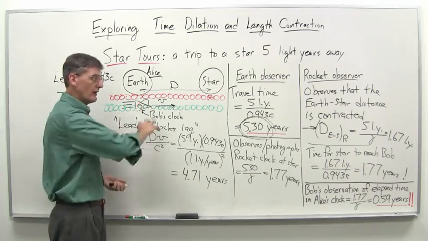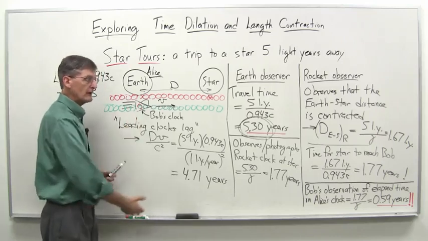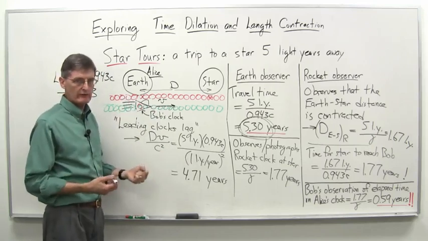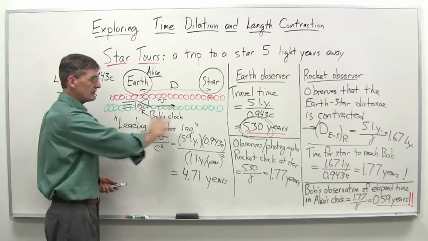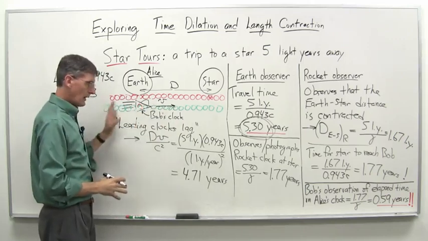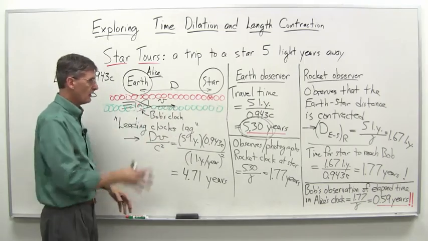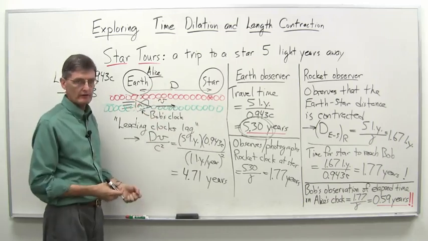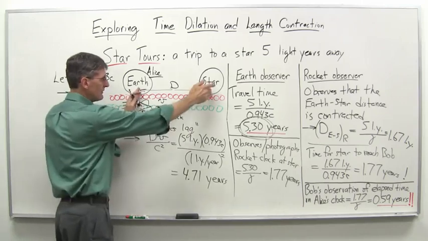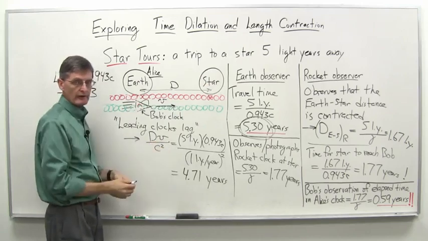So again, something to ponder here, to work through in terms of how time dilation works into it, how length contraction works into it, and then the missing factor that people often forget about is the relativity of simultaneity, that you get this desynchronization in the sense that Bob's clocks are synchronized to him, Alice's clocks are synchronized to her in her Earth-star system, but when one looks at the other's clocks, they are not synchronized. And the leading clock's lag factor is this dv over c squared, d being the distance in the moving frame you're thinking about, times the velocity divided by c squared.